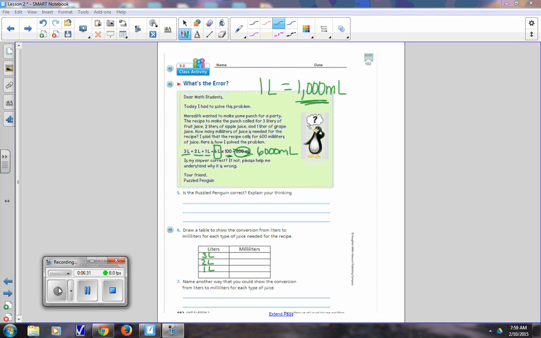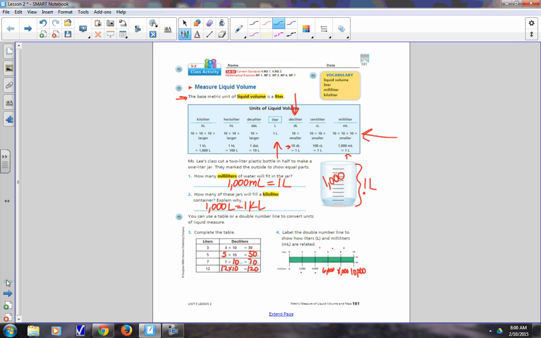So 3 liters is 3,000 milliliters, 2 liters is 2,000 milliliters, and 1 liter is 1,000 milliliters, which if we total would be 6,000 milliliters.